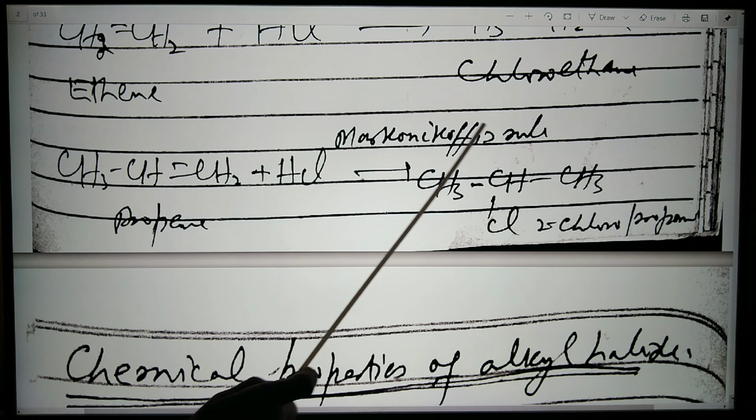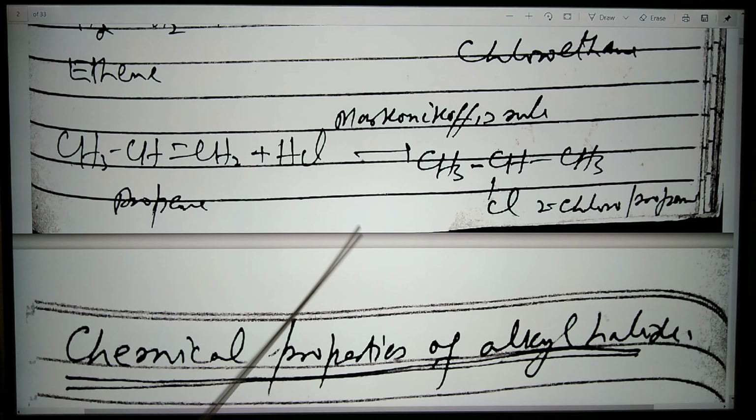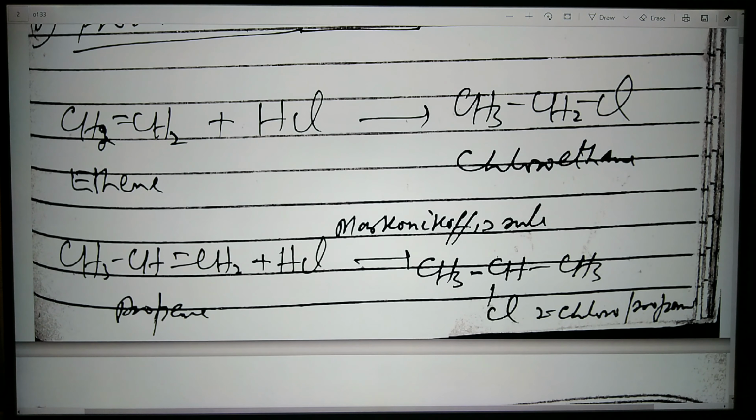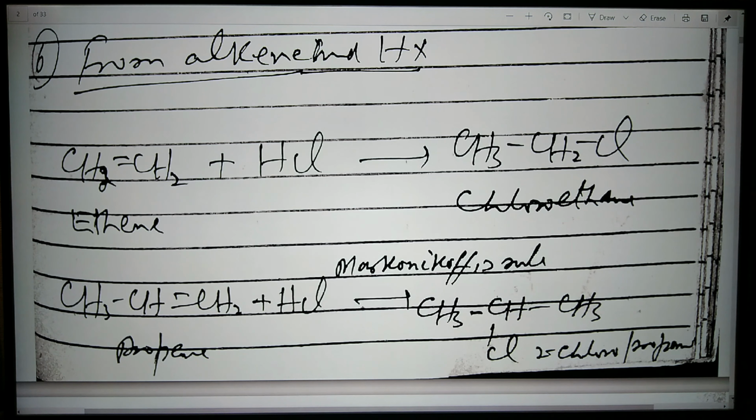This is called the Markovnikov rule. So the Cl will attach on the second carbon. So this is called 2-chloropropane. Dear student, these are the methods by which we can prepare the alkyl halides, but it is not essential that we must consider only these examples. You may take butene, pentene, and so on.